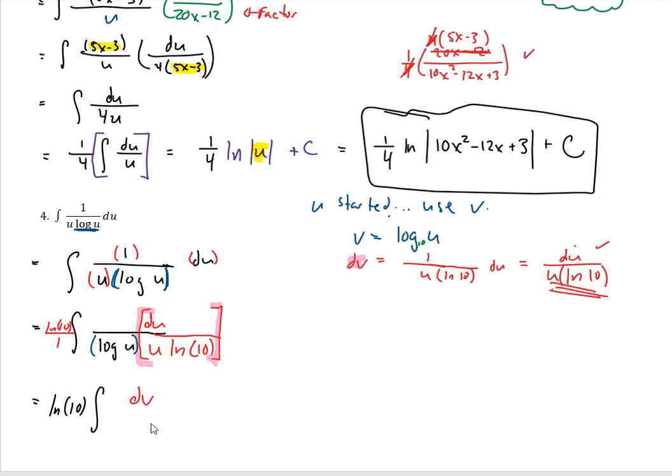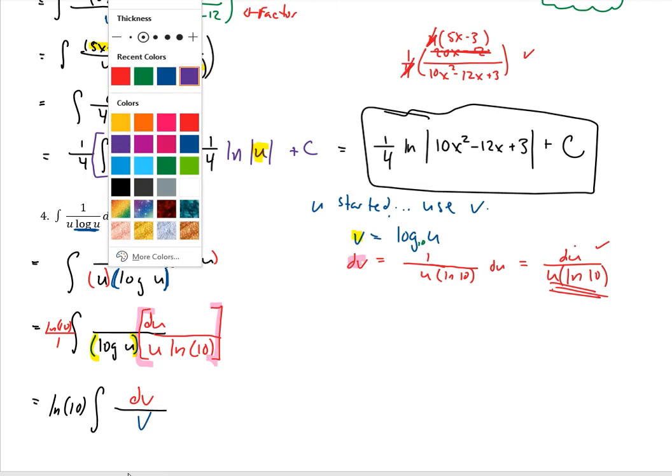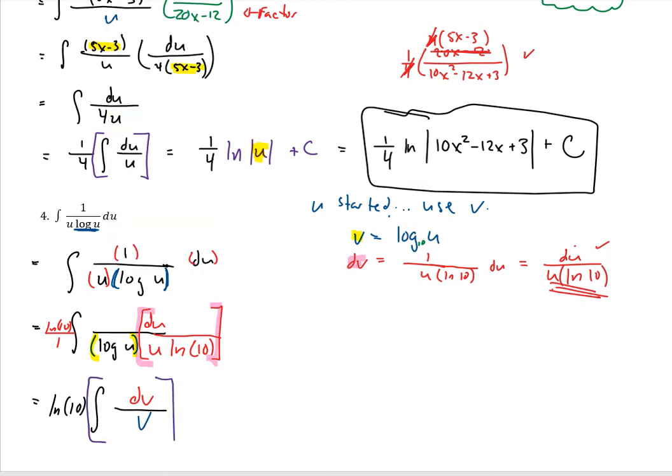And then my fraction bar. And then the log u, we said, was just v. Okay, so this is just v. And then now, this is again just like above. Now I can do my antiderivative. This portion I know is the natural log of v. So the natural log of 10 is just hanging out.